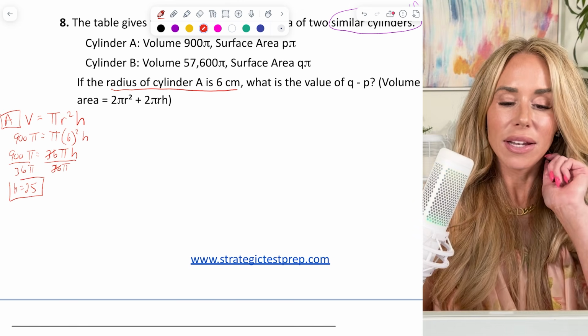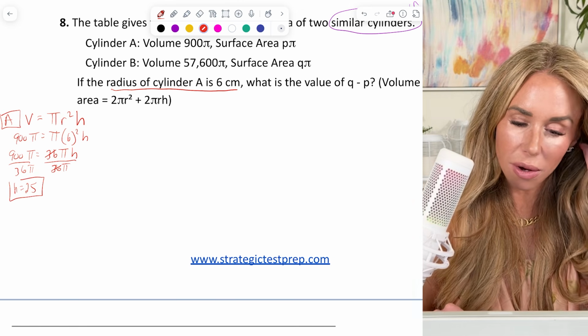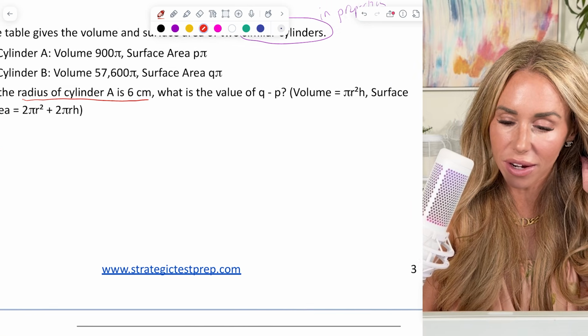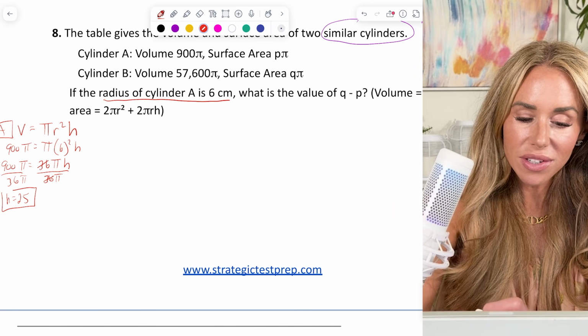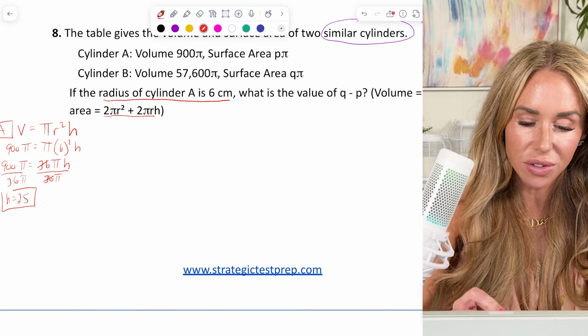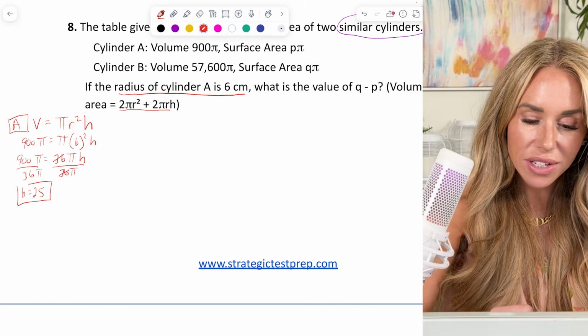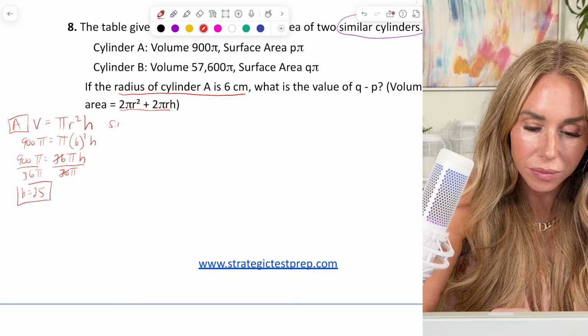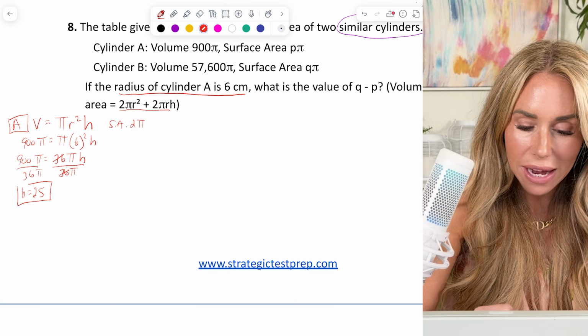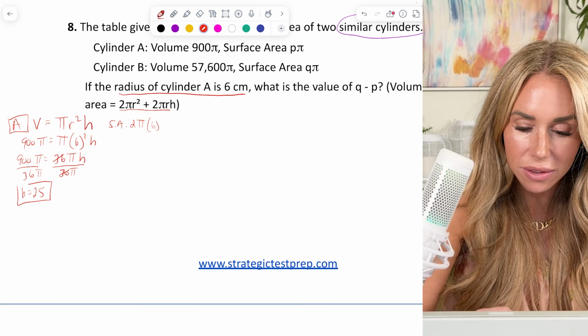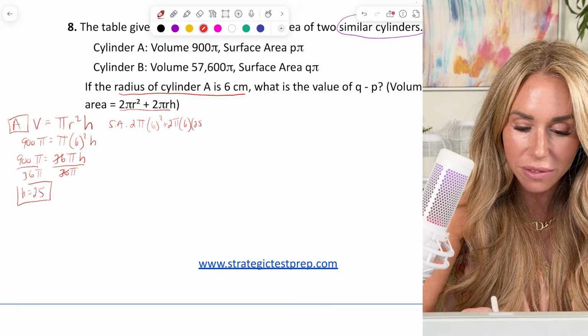Okay, now we need to talk about surface area. They gave us an equation for surface area, so now we're going to calculate that. The surface area for A is 2 pi times 6 squared plus 2 pi times 6 times 25.